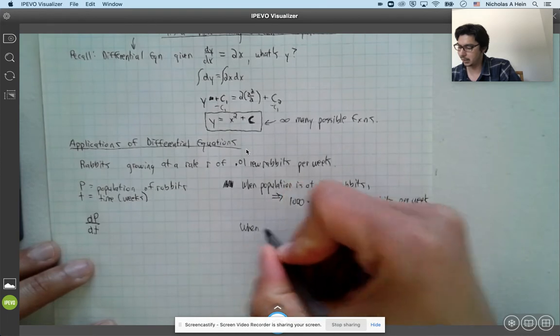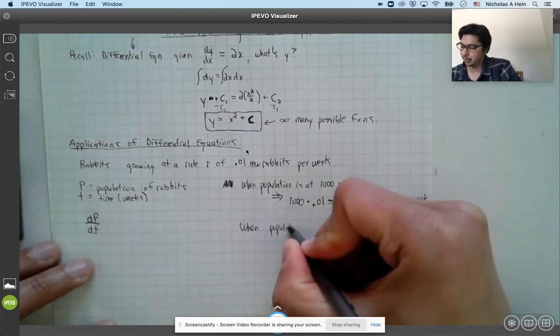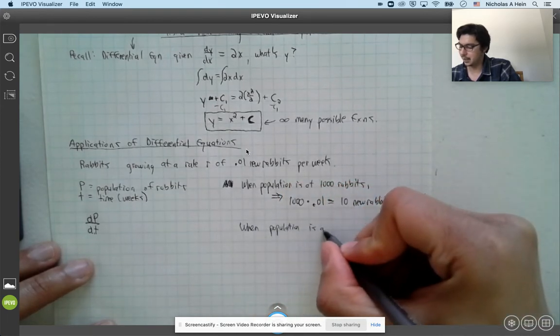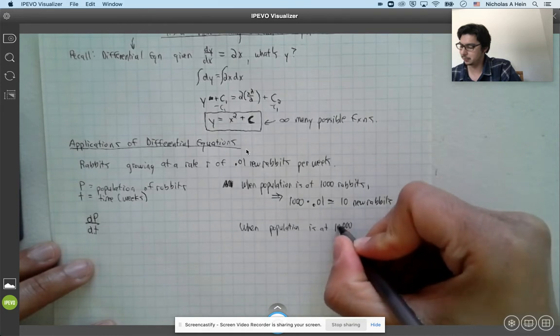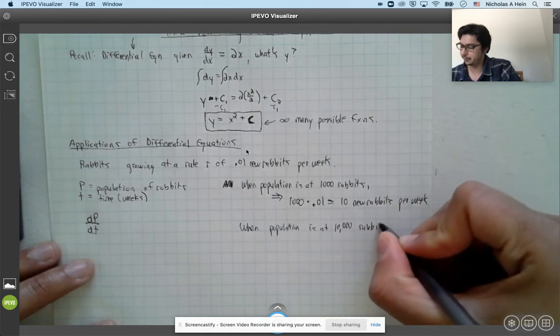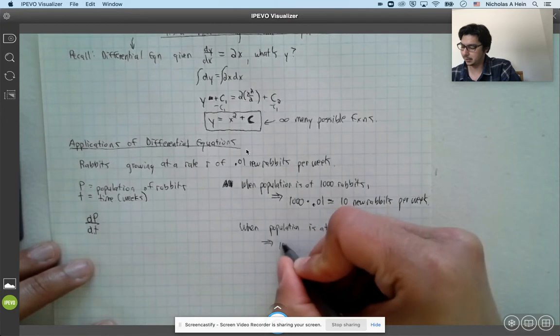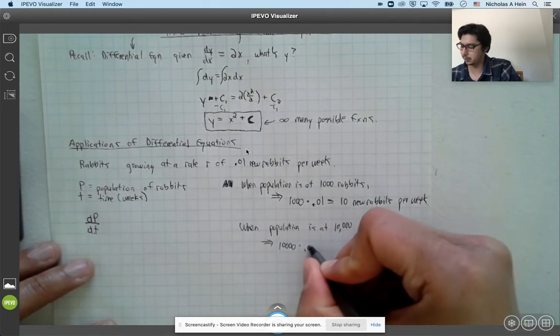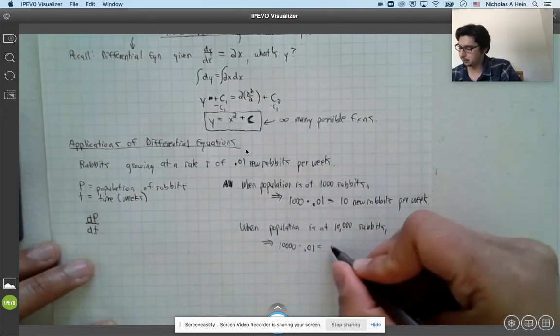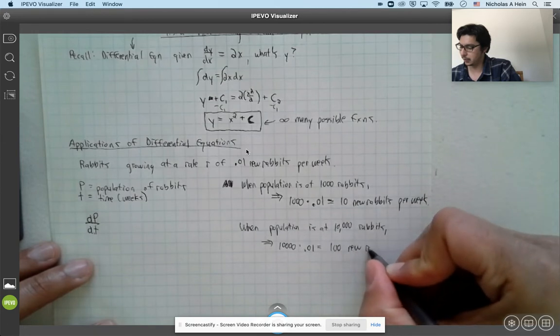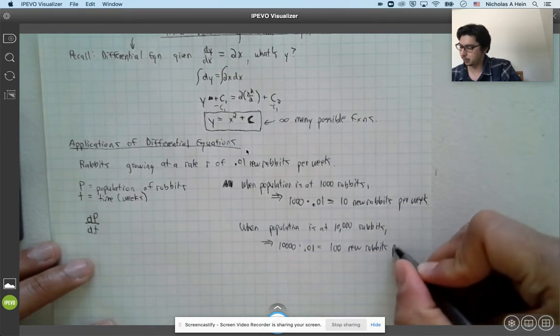Similarly, what if the population is at 10,000 rabbits? Well, that would imply 10,000 times 0.01, which is 100 new rabbits per week.